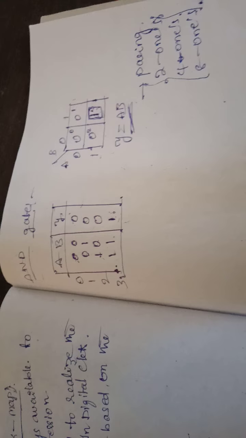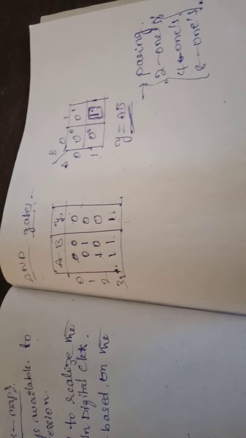Is it clear? 0 means what? A bar, B bar. 1 means what? A bar, B. 2 means what? A, B bar. So respective row and column you have to observe only. In the respective row, A is there. In the respective column, B bar is there.